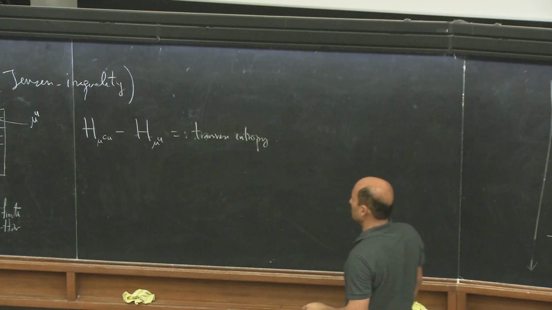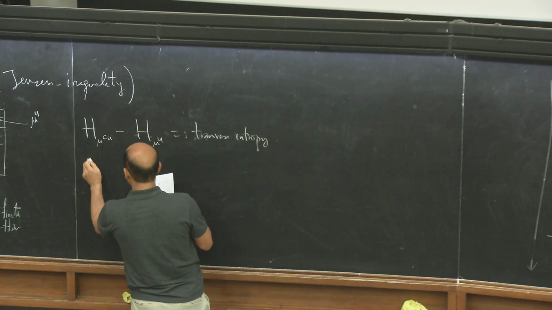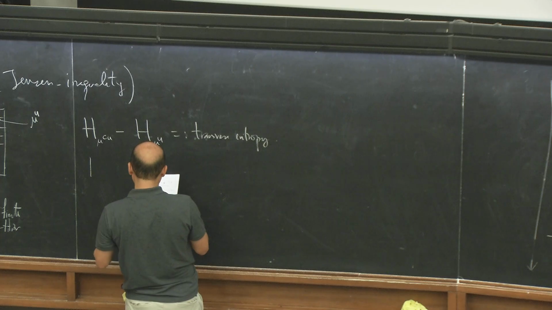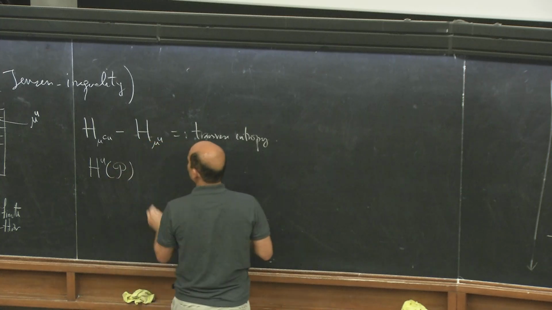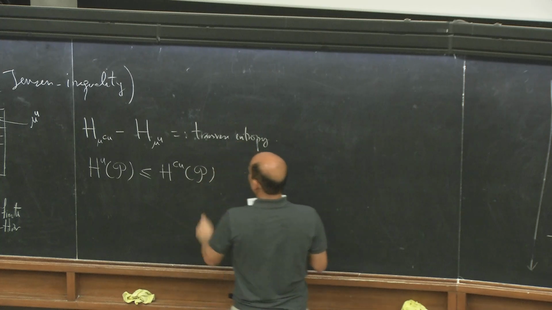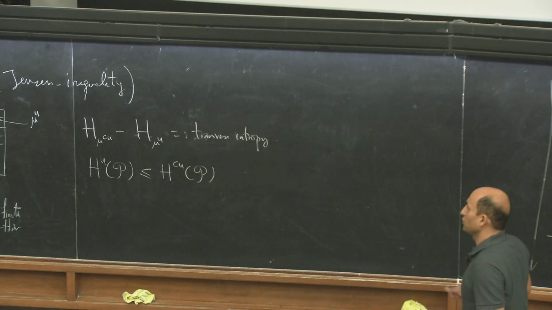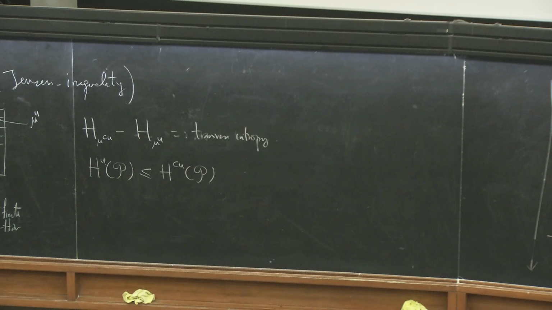As you can imagine, what I need to prove is that H^U of the partition is less than or equal to H^CU of the partition. So the entropy along the unstable leaves is less than the entropy of the full partition. What is entropy?